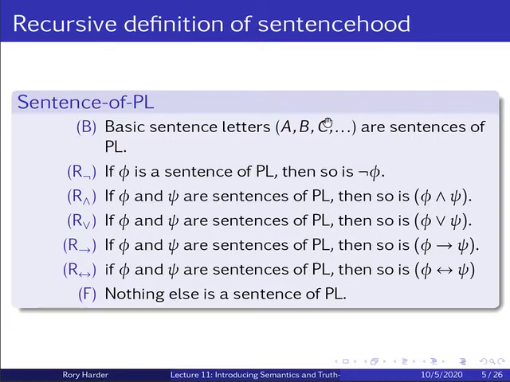So this sentence phi could be a sentence letter, but it also could be a very complex sentence built up from the other rules. Or similarly, for a conjunction, it says give me any two sentences whatsoever, no matter how complex they are, and then you can put them together to form another sentence, phi and psi.